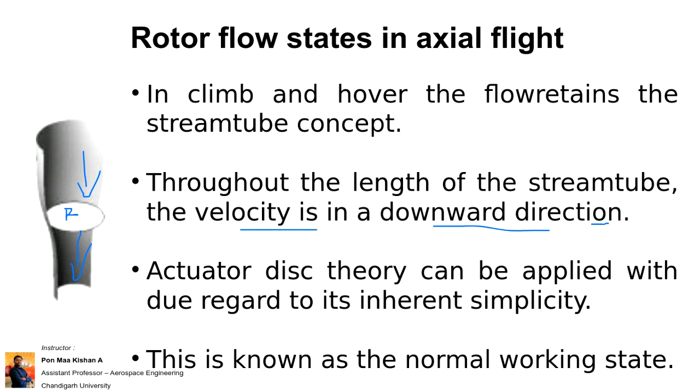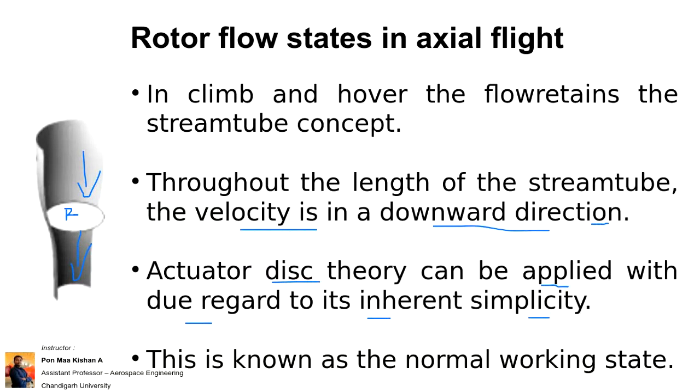And the actuator disk theory, that is our momentum theory, can be applied with due regard to its inherent simplicity. That's why I have told, whatever results we are getting through momentum theory are just approximate values. This is not for accurate values. So this phase, in climb and hover condition, is called the normal working state.